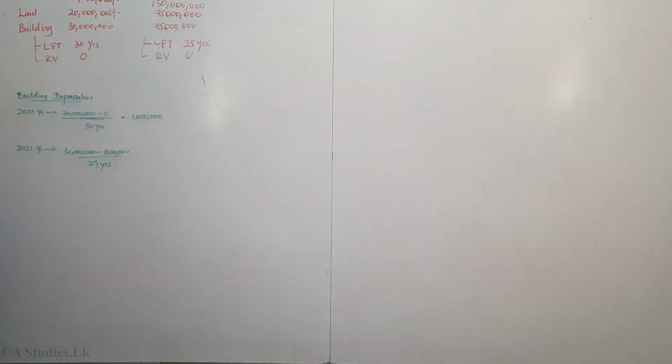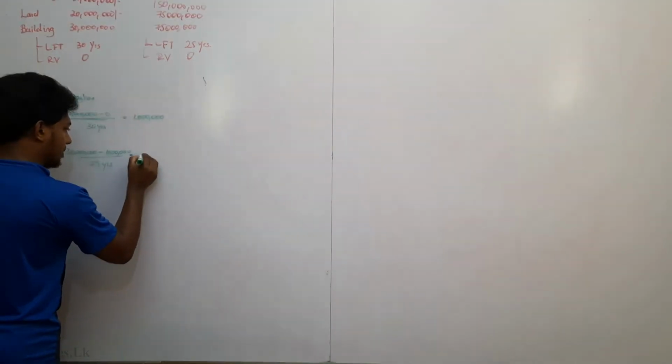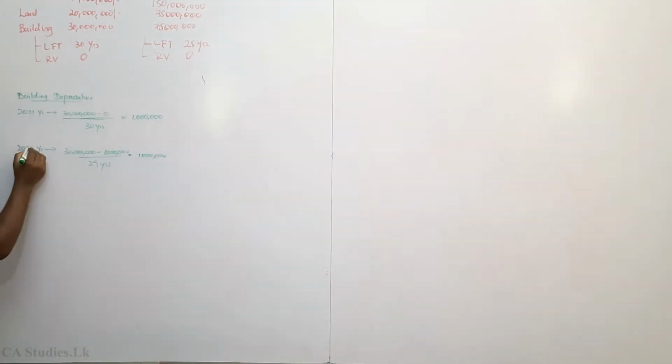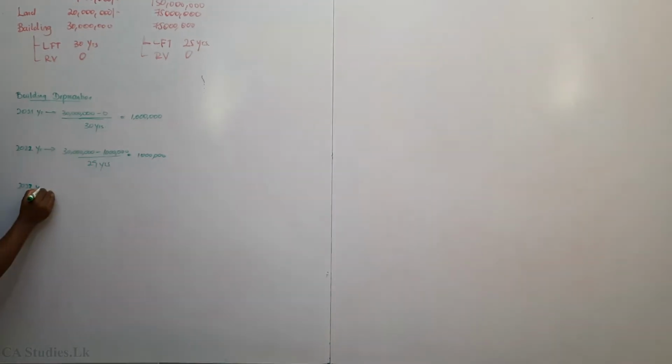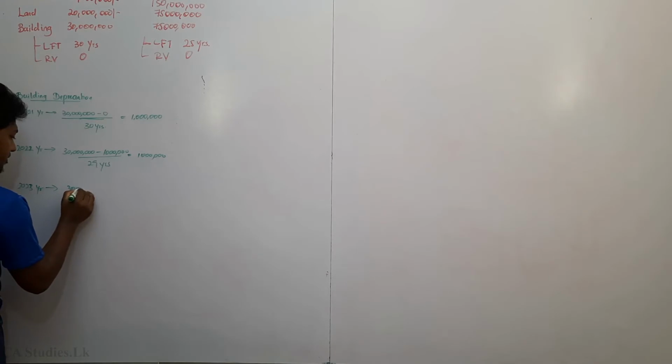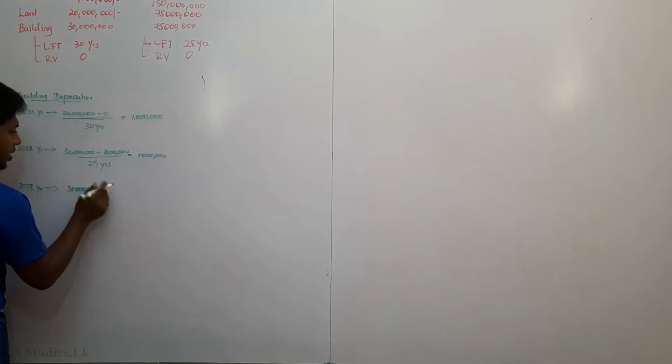This is one method, or we can say the balance year depreciation is also 1 million. Third year, cost 30 million, the cost will not be changed, this is the normal correct practice.